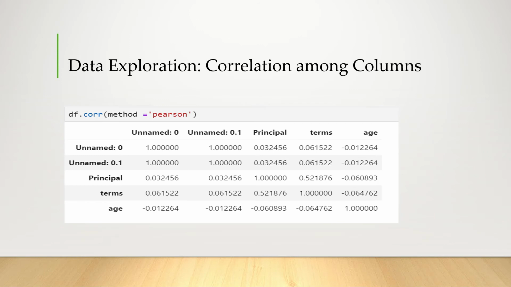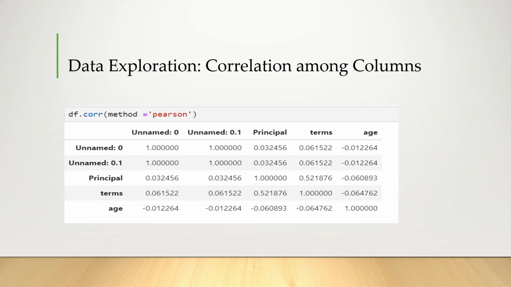Then we check the correlations between different columns. We are using the Pearson method to check the correlation between different columns.